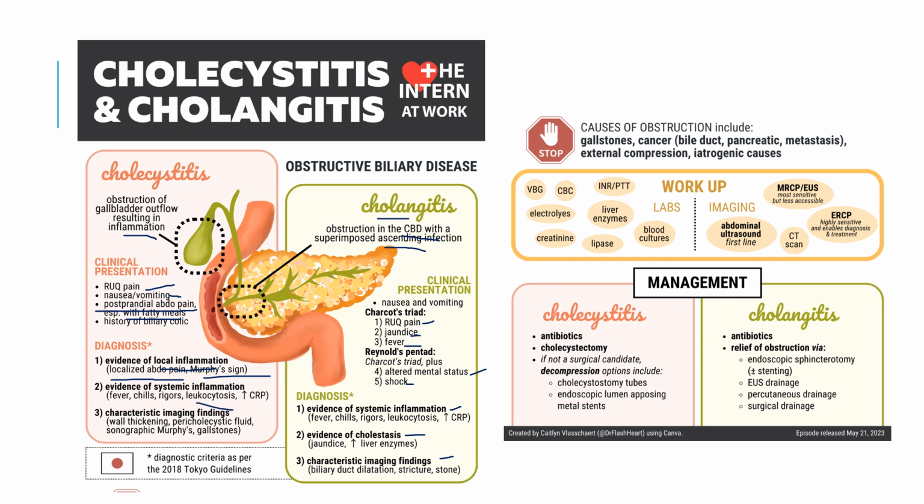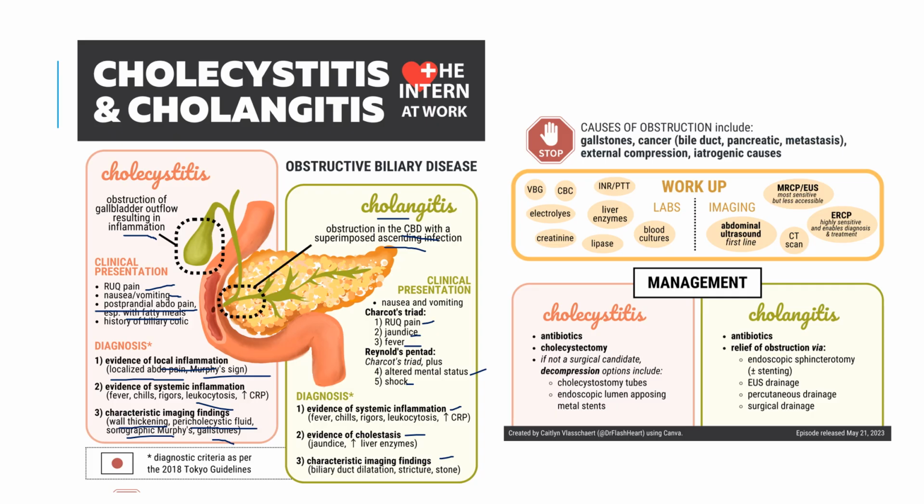And imaging findings: there is wall thickening of the gallbladder, there is pericholecystic fluid, sonographic Murphy. That means again with palpation, when you get pain, that's called Murphy. With ultrasound probe also, you can elicit that pain, that is sonographic Murphy, and there can be again gallstone. So etiology for both can be stone.